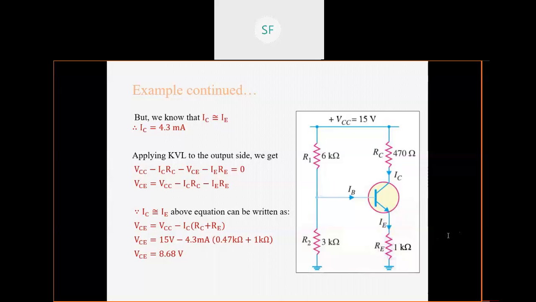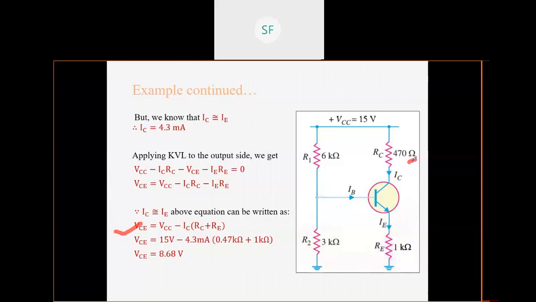Then again the same process you have to follow, applying KVL to the output side. We have already done it: VCC minus ICRC minus VC minus IERE. So at the end you will get this particular formula. Once you got this formula, you have to put the values and get the answers. VCC is 15 volt, and IC you found out here as 4.3 milliampere. For RC, you have to make sure that whenever you perform any addition or subtraction, the unit must be the same.